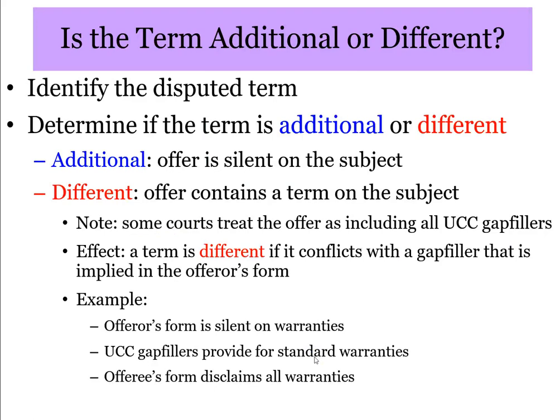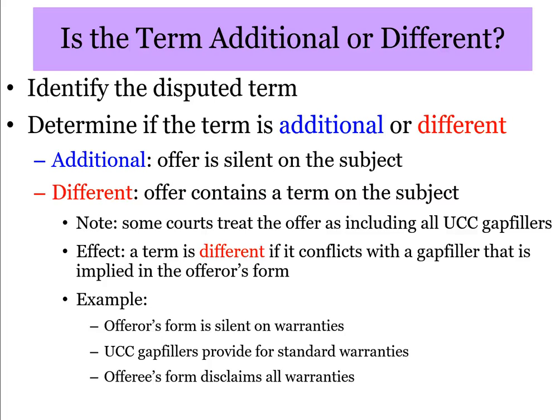If a contract was formed under 2-207(1), then you must determine whether the disputed term is part of the contract. To do that, you must figure out whether the disputed term is additional or different from the terms of the offer. Why does this matter? Because the rule treats additional terms differently than different terms.